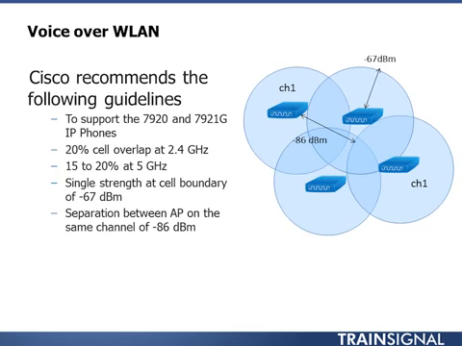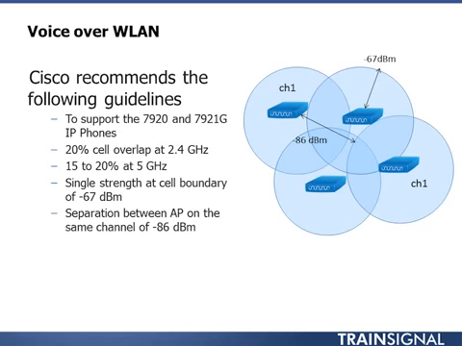And so what this means is that your cell size and the area you're covering from the access point when you do VoIP is a lot smaller than if you're doing data. And so that defines your cell boundary. And so when you're thinking, oh, where do I need to deploy my next access point, using a 20% overlap and a cell boundary of minus 67 dBm is how you should be planning out your network.